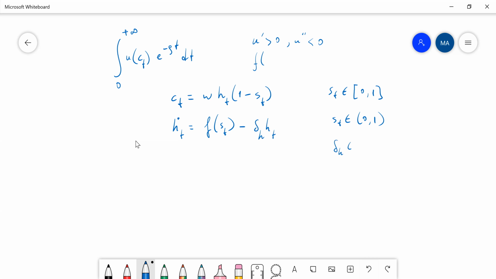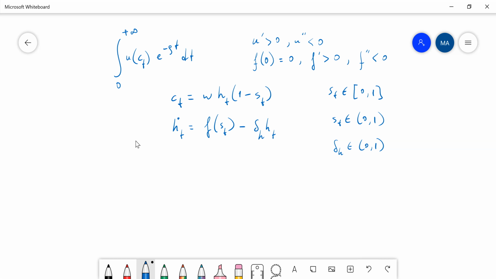So delta_H between 0 and 1 is the skill depreciation. So for S, we can assume that if there's no on-the-job training, then there are no new skills. We can, of course, assume that this is true, and we can also say there are decreasing returns.